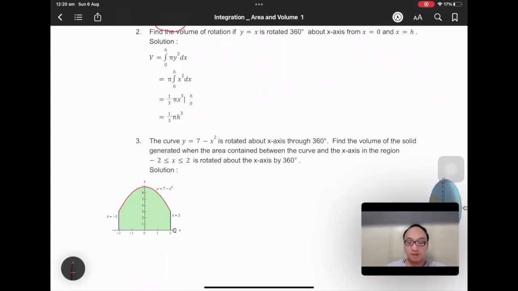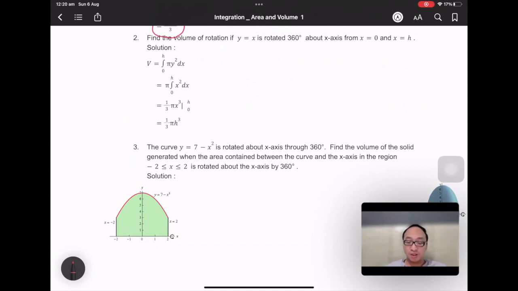Number 2, find the volume of rotation if y equals x rotated from 0 until h. If we draw y equals x, it is this, from 0 until h. We will rotate this and I will have a cone. Because x is rotated, it's the integral from 0 until h of pi y squared dx.